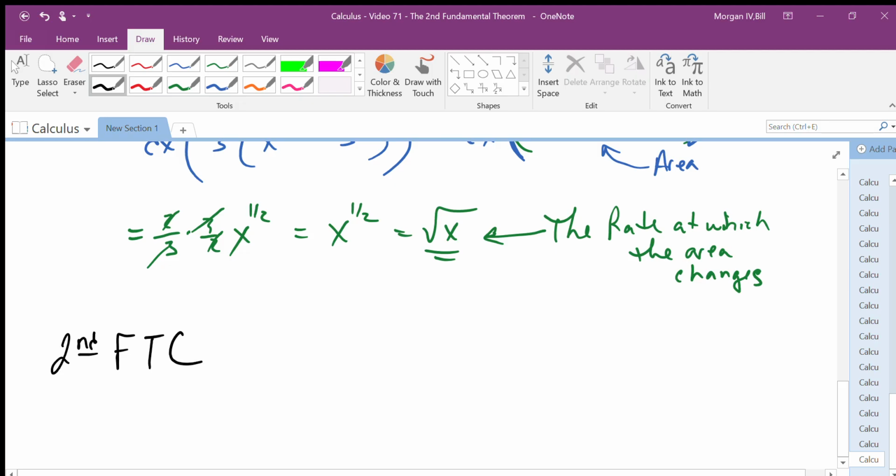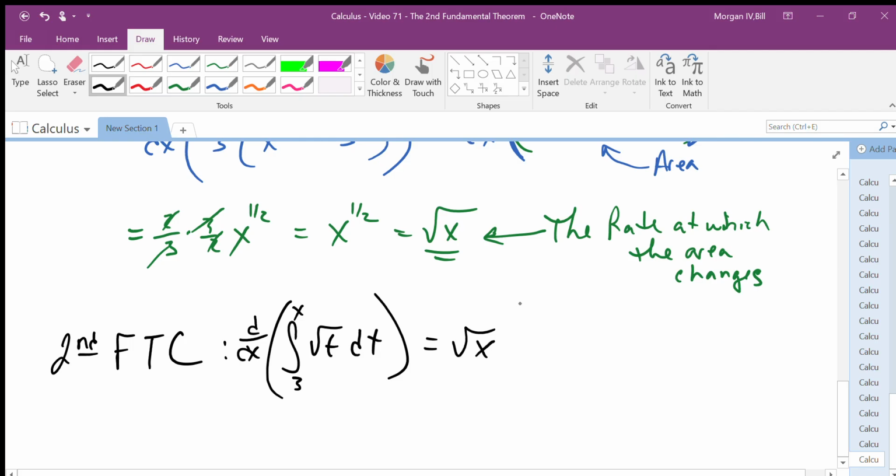The second FTC says this: the derivative of the integral from 3 to x of square root of t dt, instead of integrating and then taking the derivative, all I have to do is say this is equal to the square root of x. And I'm done by the second fundamental theorem of calculus. That's it. That's all we have to do.